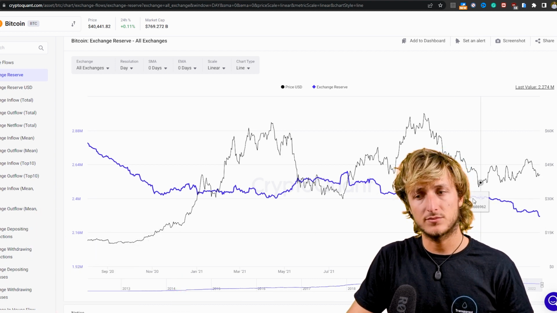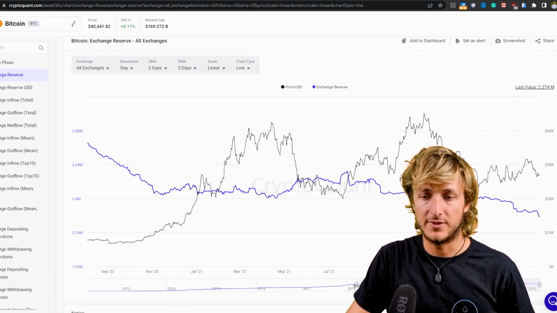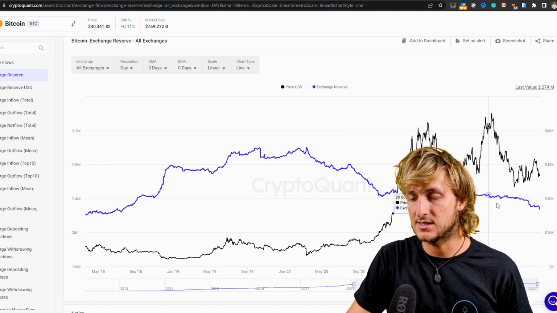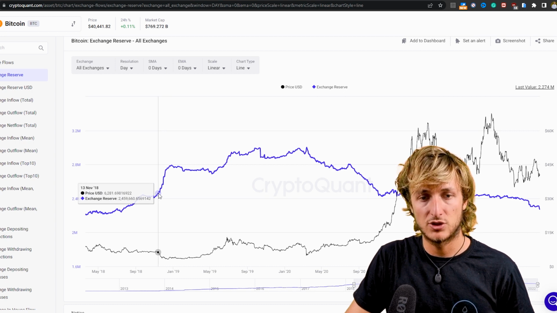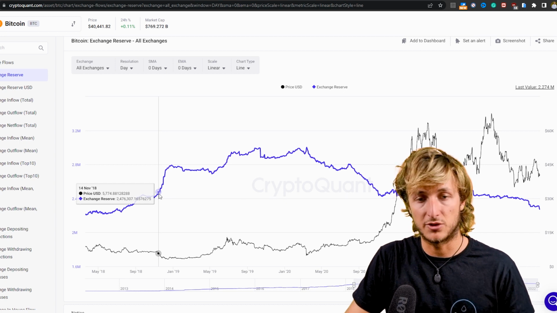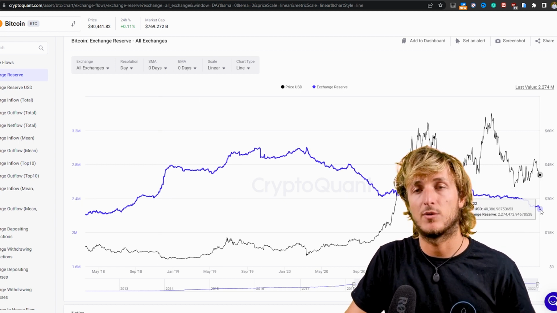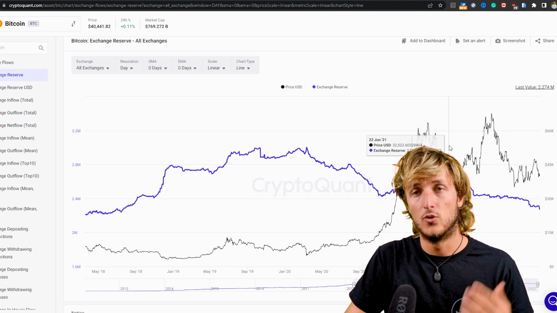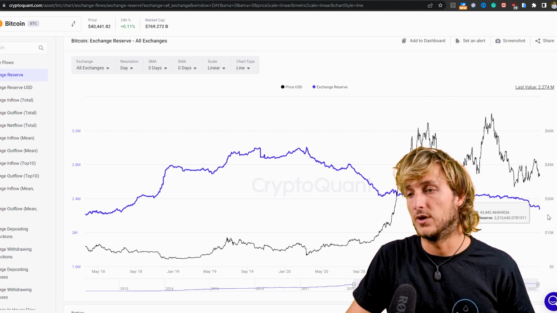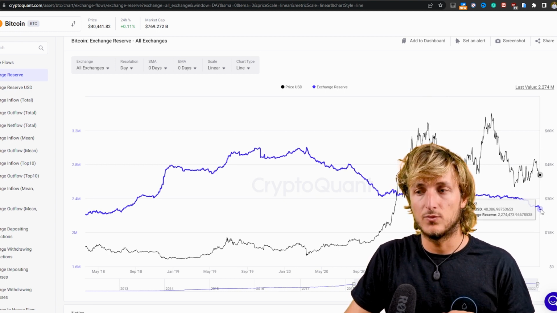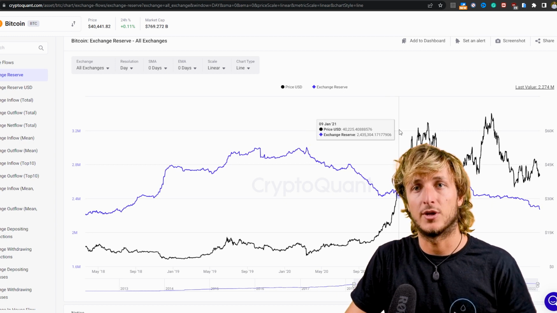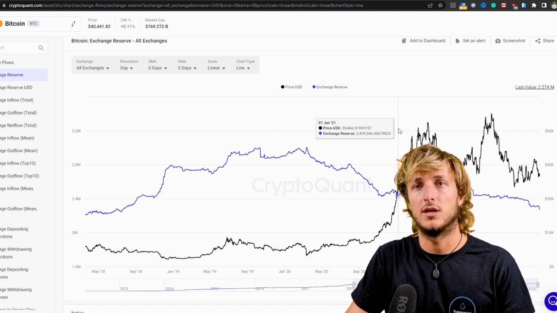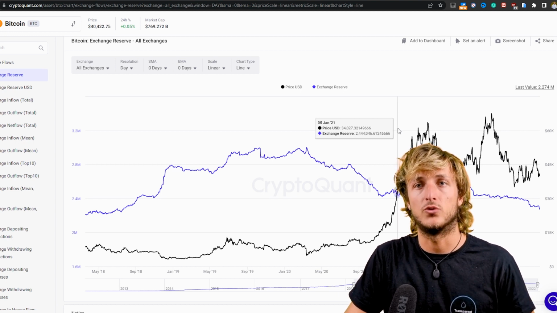So we are definitely at almost how many years has it been that we haven't been so low with the amount of Bitcoins on exchanges? So the last time was in 2013, 14, where we had this amount of Bitcoins on exchanges. So a lot of years ago, which means that we could easily see a big move to the upside if we have an increase of demand, because the amount of illiquid supply is continuing to grow.